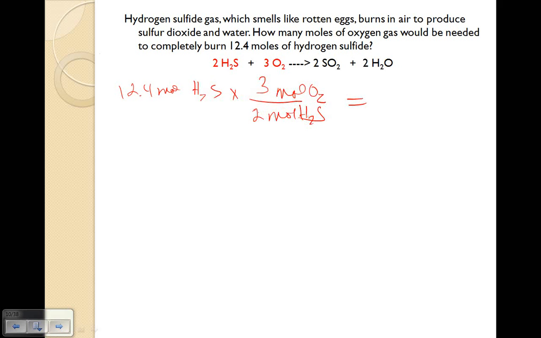So my moles of hydrogen sulfide will cancel out, and I end up with 12.4 divided by 2, which is 6.2, times 3, so that's 18.6 moles of oxygen.